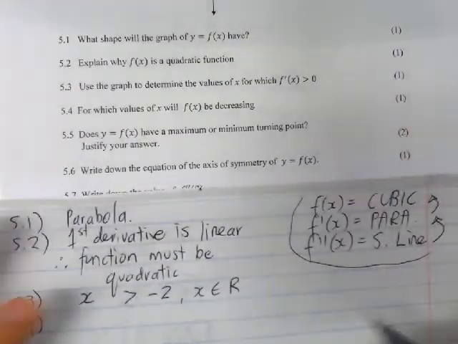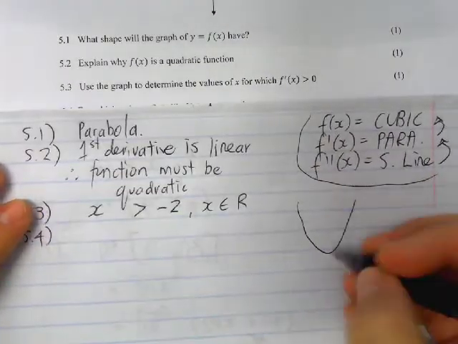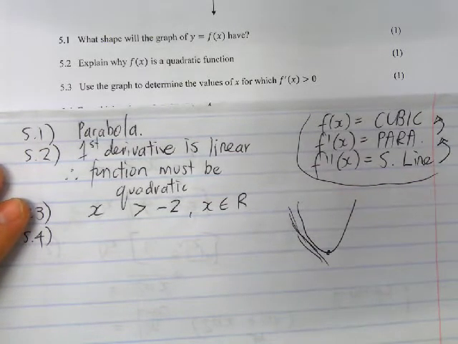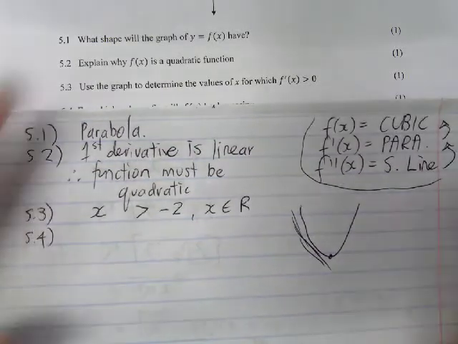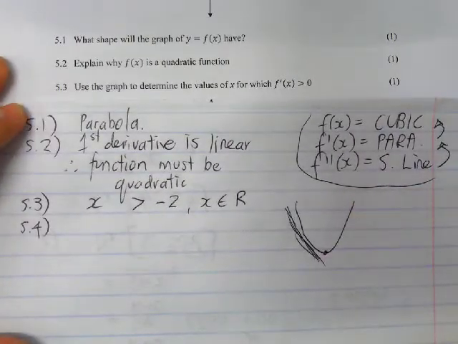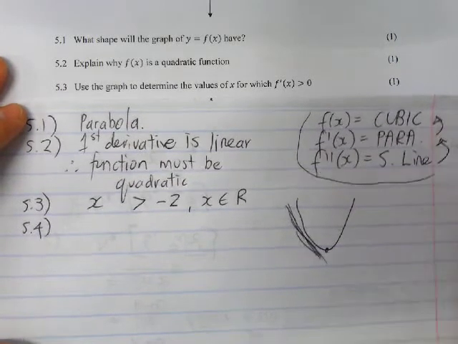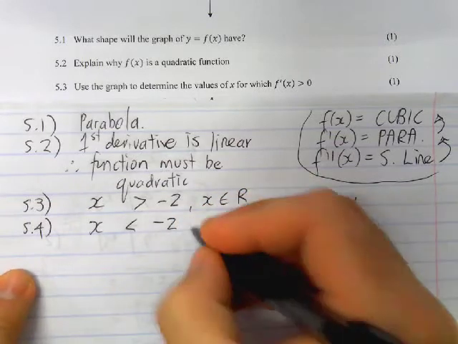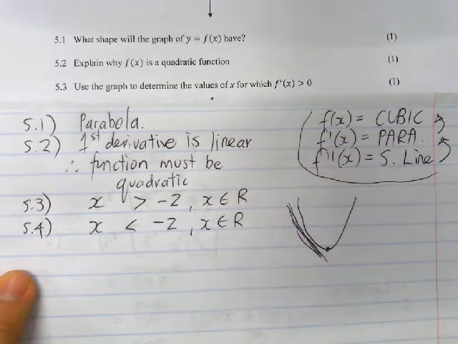For the parabola to be decreasing, you're going to have negative gradients of your tangents. So when, in other words, are you going to have your tangents have a negative gradient? That's going to be when x is less than negative 2 and x is an element of real.